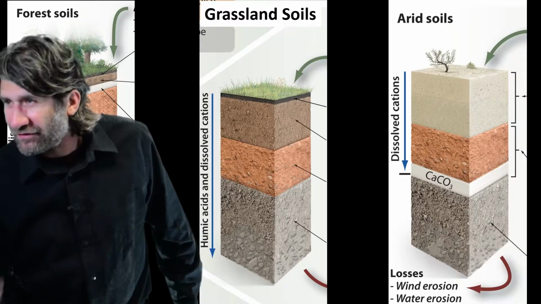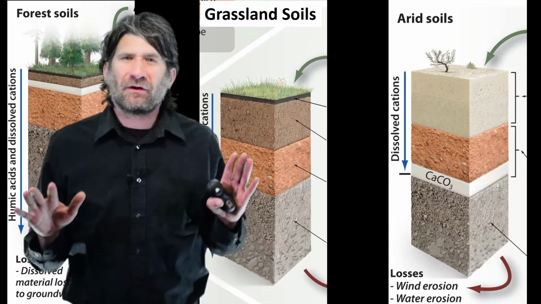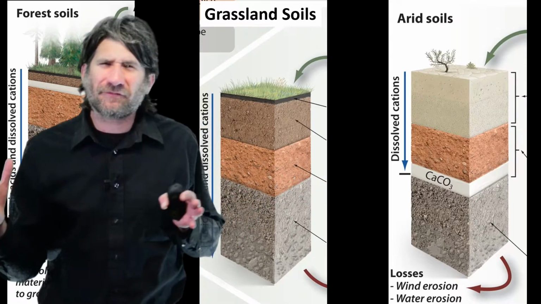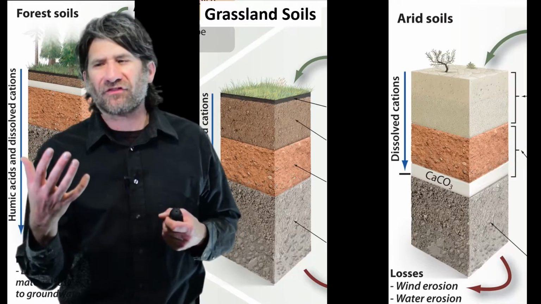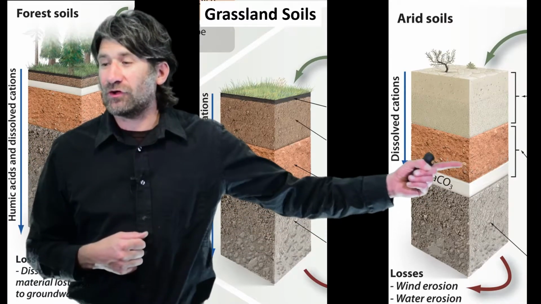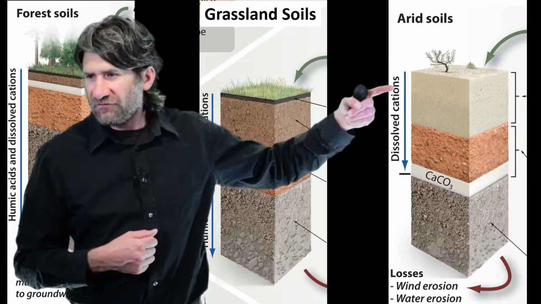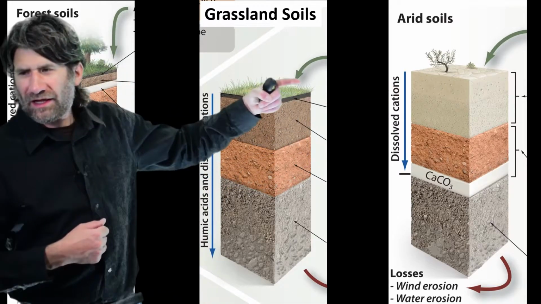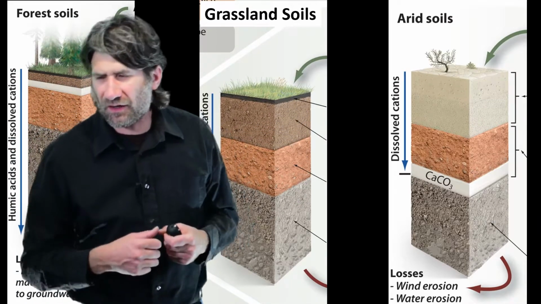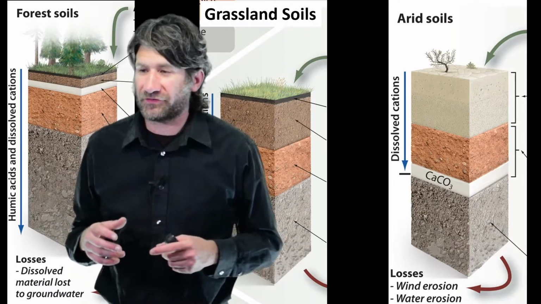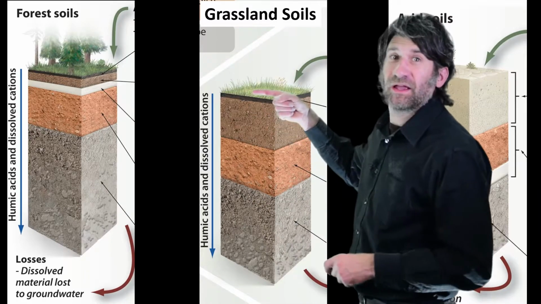We've already done this to a certain extent when we talked in our last lecture about the broad differences in the horizons from a forest soil to a grassland soil to an arid soil over here. So arid soils are going to have very small O horizons and very big B horizons. That's going to be different than a grassland soil.